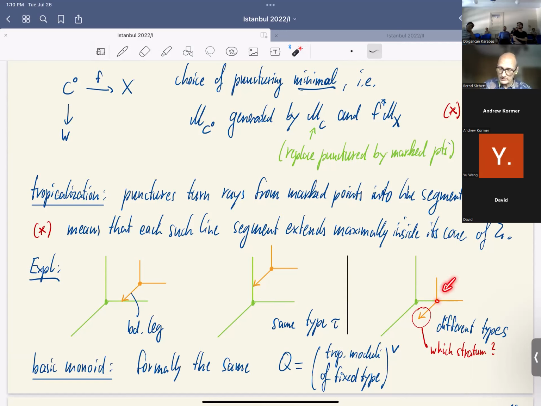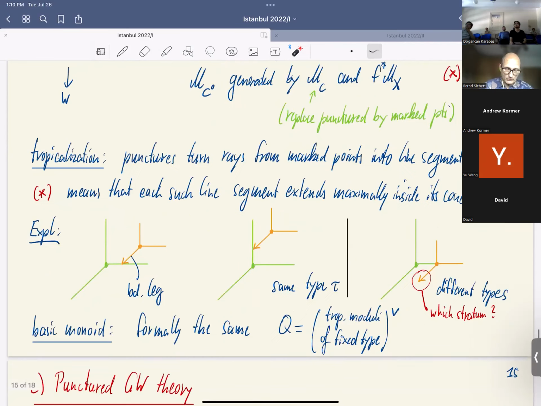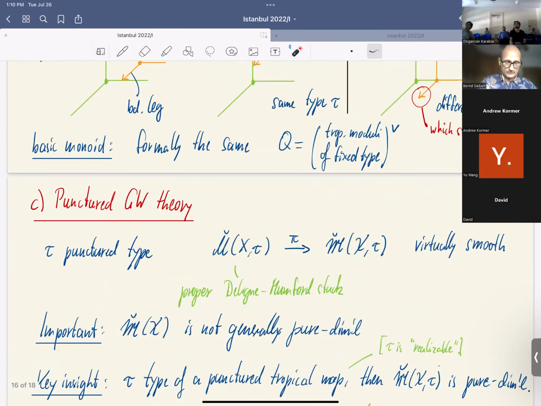Or it would still be a tangent vector in this cell, and then you consider it a limit of this type. Anyway, maybe too technical to explain properly. But you do get a basic monoid, and it's formally the same as before. So you take the tropical moduli space of a fixed type, you dualize, you take the integral points, that gives you a finitely generated monoid. That's your basic monoid.